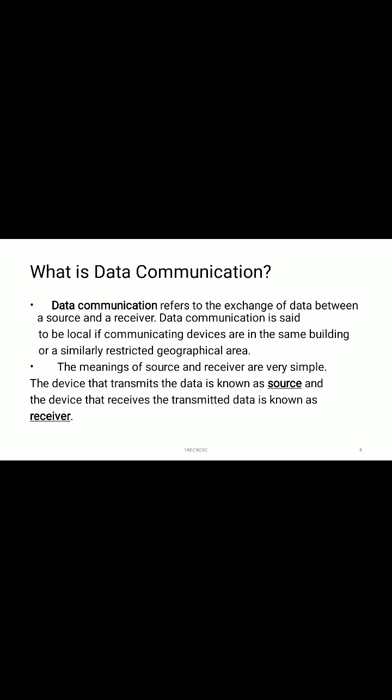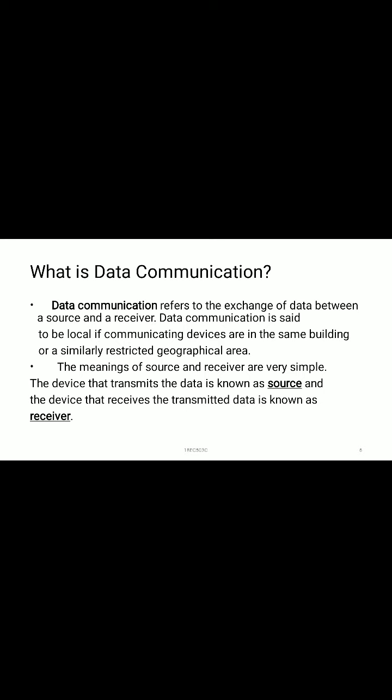Okay. Next, what is data communication? Data communication is nothing but the exchange of data between the source and receiver. Data communication is said to be local if both the transmitting and receiving devices are in a similar geographical area. Then we call it local communication.